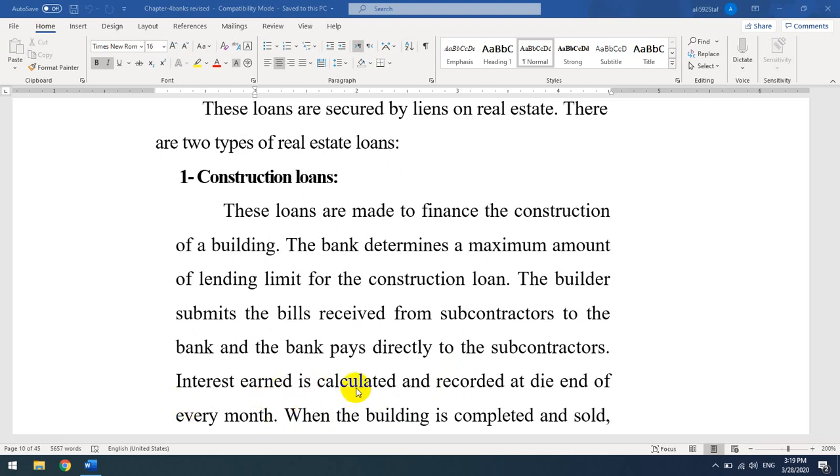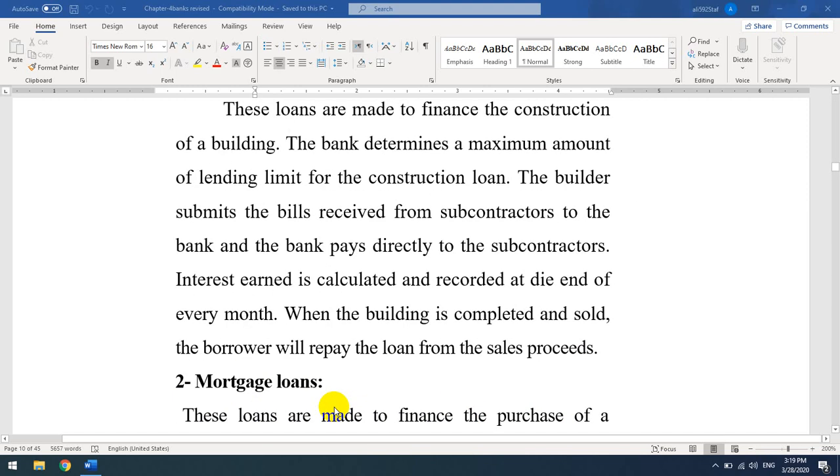Interest earned is calculated and recorded at the end of every month.